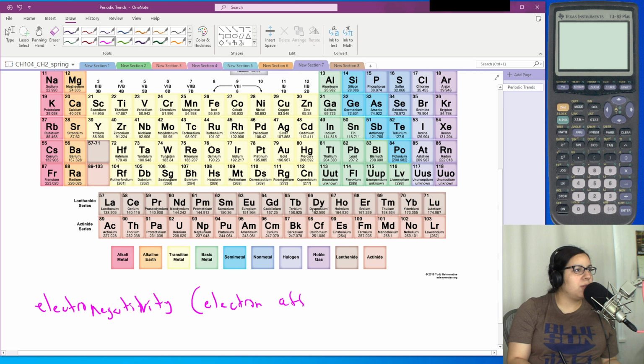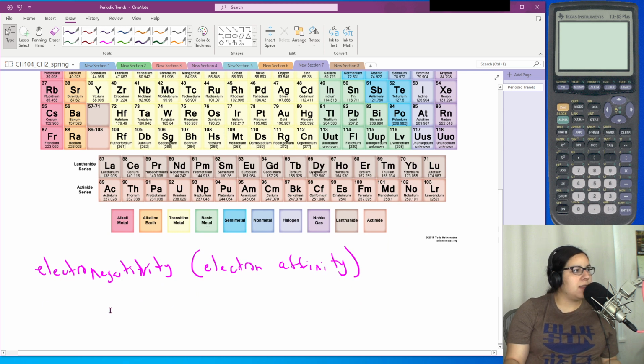So they're actually 2 different things, but they have really similar properties. So electronegativity, and here's the difference. This is basically how badly does an atom want an electron in a compound. So the pull of an atom in a compound.